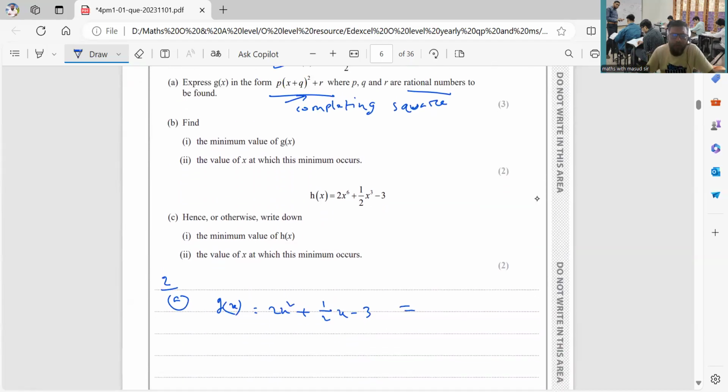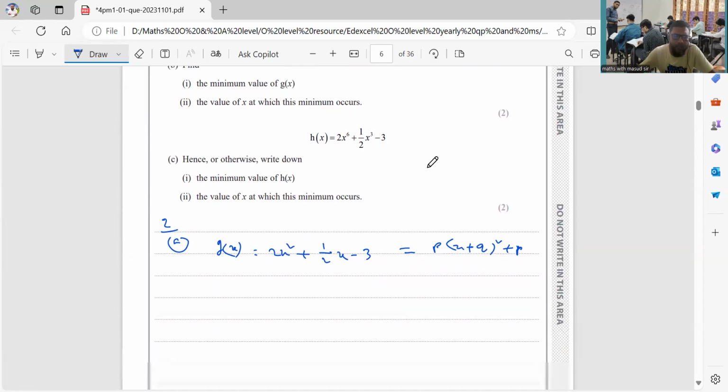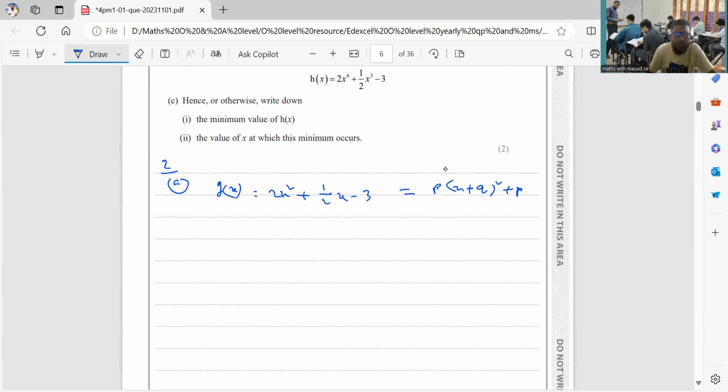Write down the form here: p bracket x plus q, whole square, plus r. Okay. Now, 2x squared plus half x minus 3. So first you have to arrange this one.